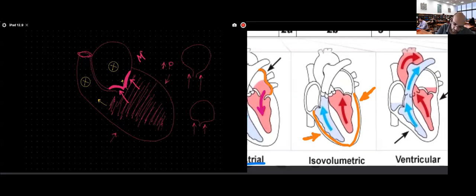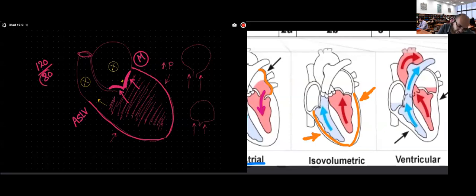Remember why the mitral valve will close before the opening of the aortic semilunar valve. Remember, during relaxation of the ventricles, what was the blood pressure? We mentioned that the blood pressure is 120 over 80 millimeters of mercury.